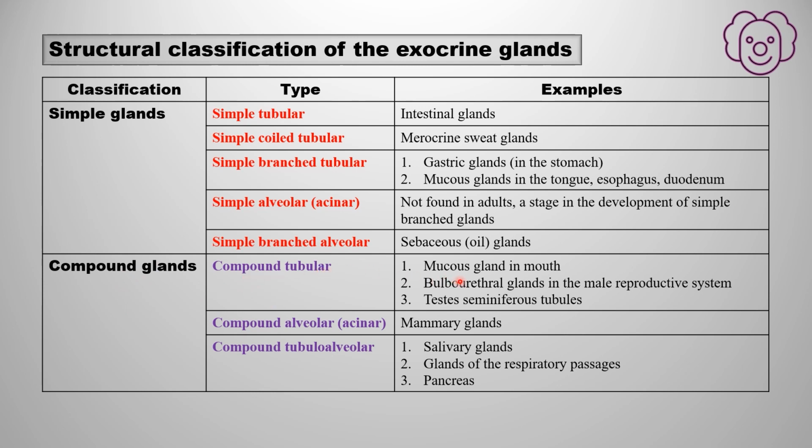So these are the mucus glands in the mouth, the bulbourethral glands in the male reproductive system, and the testis seminiferous tubules, all of them are compound tubular glands. There are the compound alveolar or acinar glands in the mammary glands, and we have the compound tubuloalveolar. This is in the salivary glands, glands of the respiratory passages, and in the pancreas.